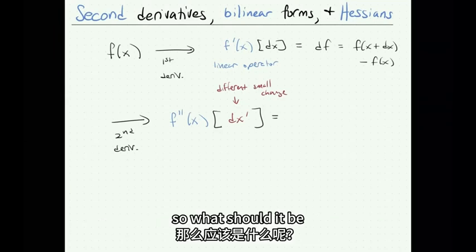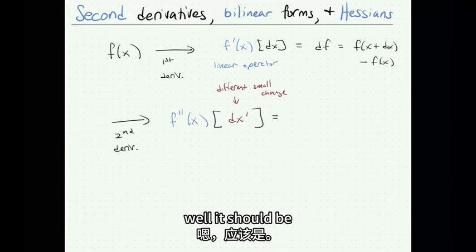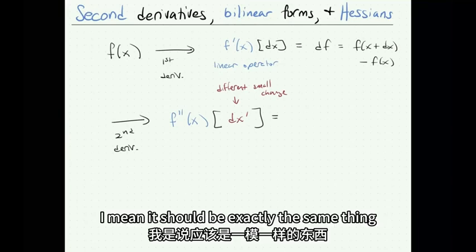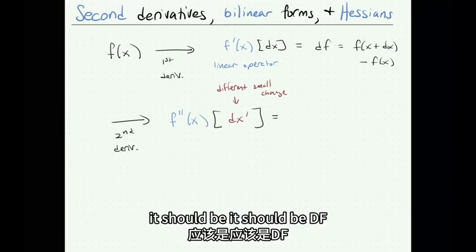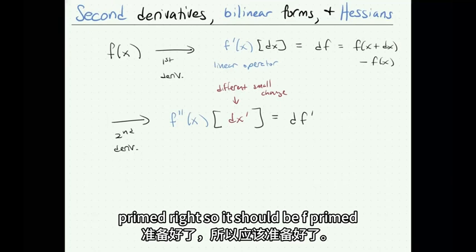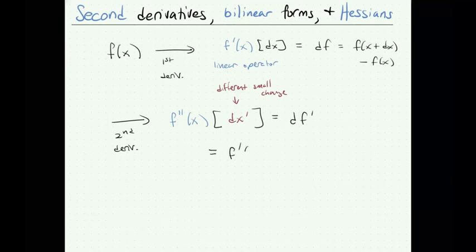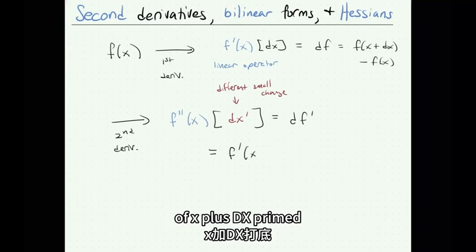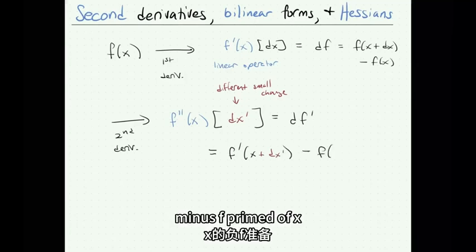So what should it be? Well, it should be exactly the same thing. It should be df prime, so it should be f prime of x plus dx prime minus f prime of x.